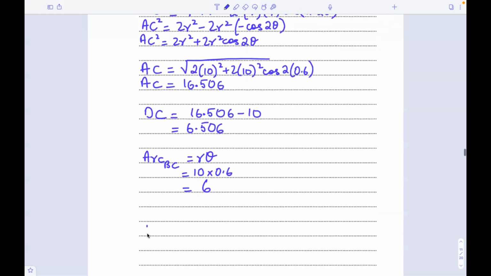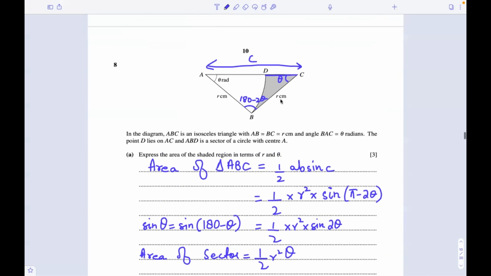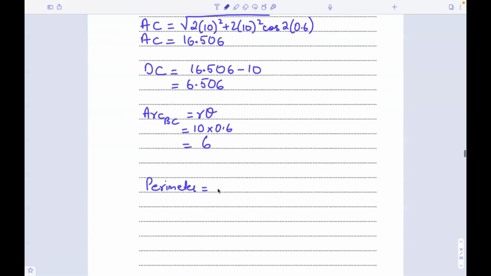Finally, for the perimeter, we add all the three lengths. So the perimeter would be the sum of the three lengths, and one of the lengths is R, which is known. We have the length of DC and the arc length BD. So it would become 10 plus 6. So this is the radius. This is the arc length. And this is the length of DC, 6.506.